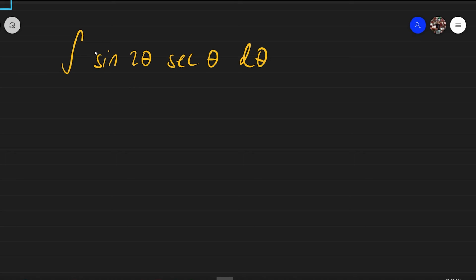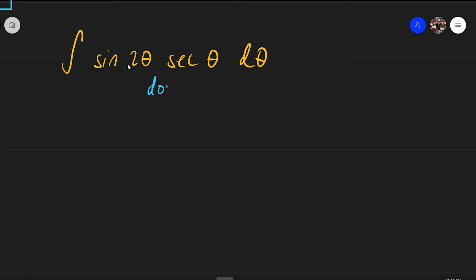Okay, so let's manipulate sine 2 theta. Our goal is to come up with an identity of sine 2 theta wherein all of the arguments are just theta. What you can do here is apply what we call the double angle formula. You can search this on the internet.